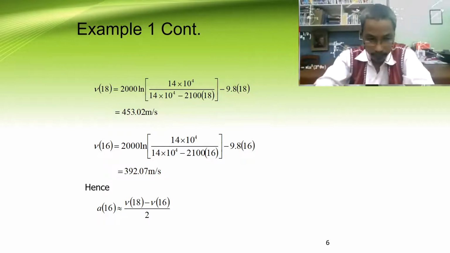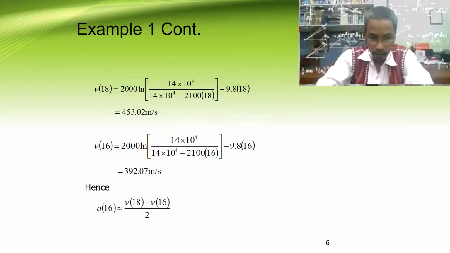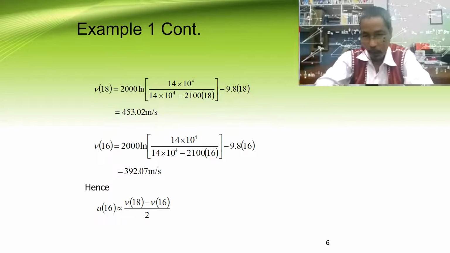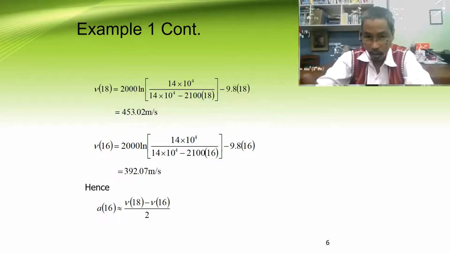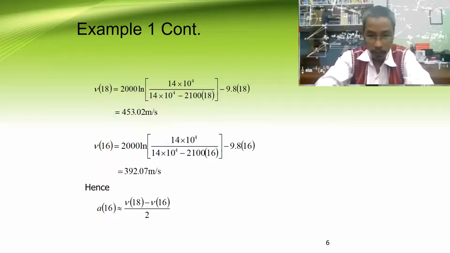And you will get the result equal to 392.07 meters per second. And therefore, because we already know these two values, we can substitute them into our approximation.